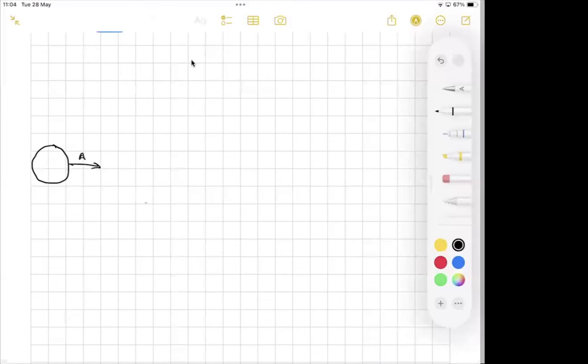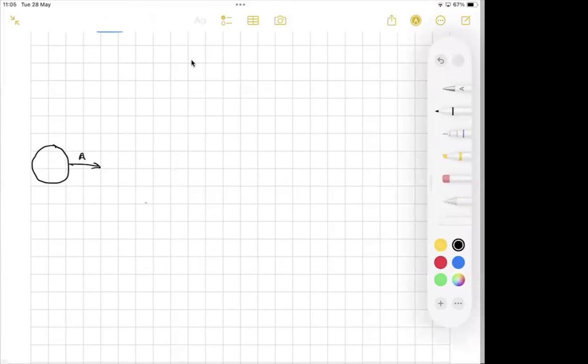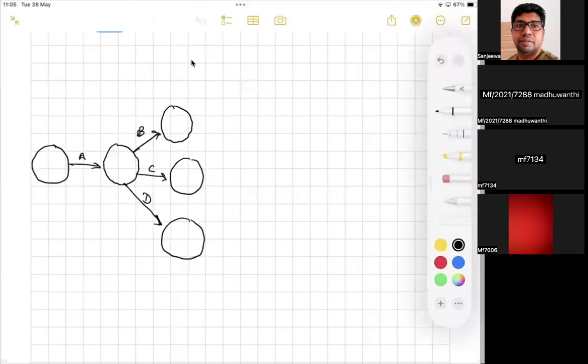Then B, C, and D. If you take A, B, C, and D, the predecessor is A, right? Then you can start B, C, and D from activity A. You should show the arrowhead also.